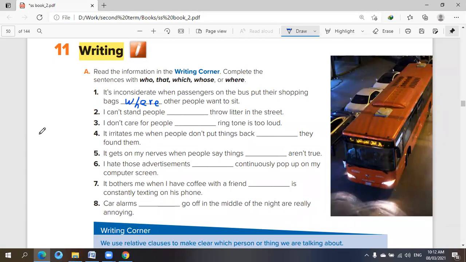"I can't stand people who throw little letters around in the streets." That's right. We can use who and also we can use that. Both are right. Who or that.